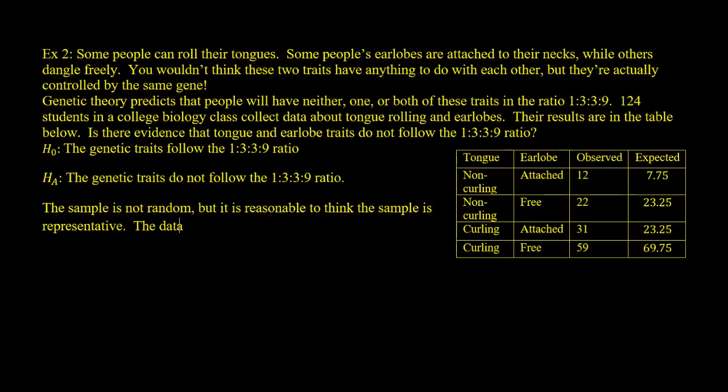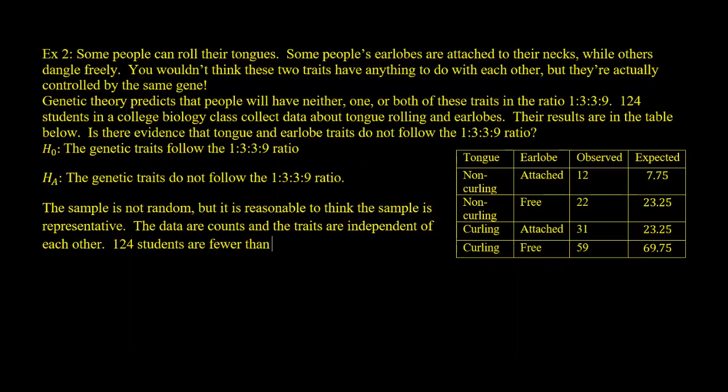The data are counts, and the traits are independent of each other. 124 students are fewer than 10% of the population, and my smallest expected cell count is 7.75.